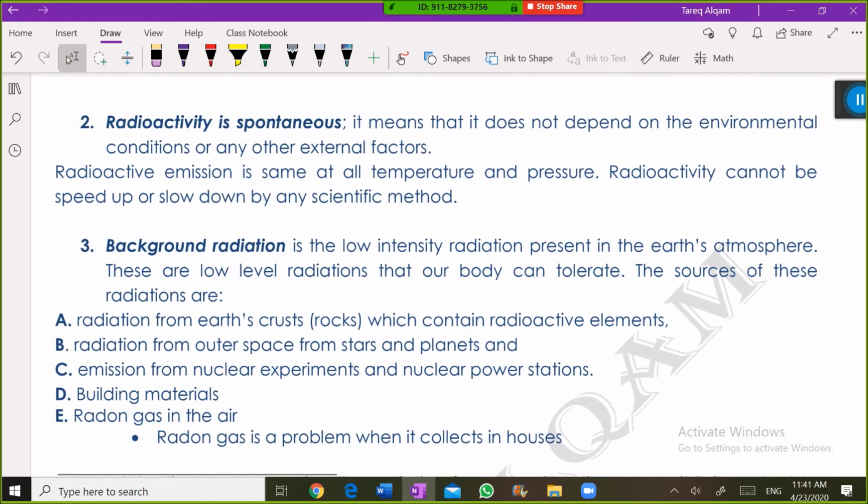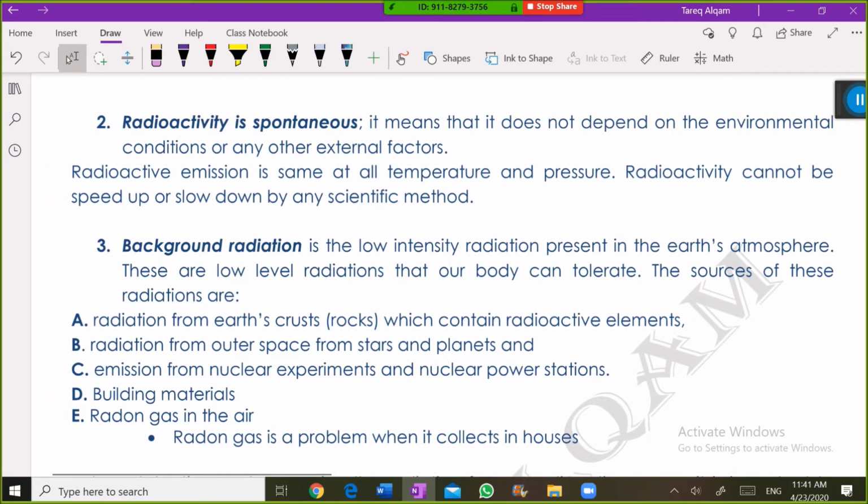Radioactive material, guys, or radioactivity, this process is also a spontaneous process. What does this mean? Yani I can't speed it up or slow it down. Let's say if the rate of decay is 3 becquerel, it will stay 3 becquerel even if you heat the sample, put it under pressure, put it in a colder region, or reduce its temperature.